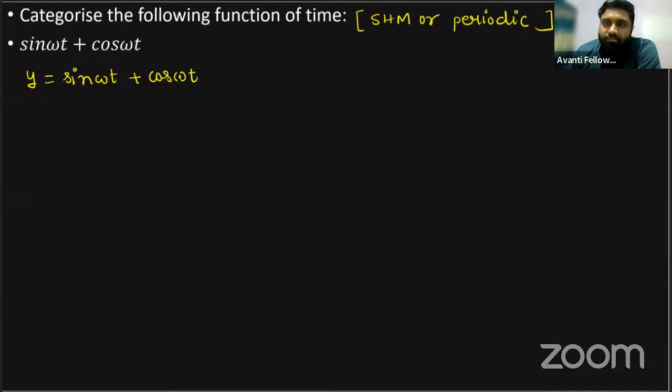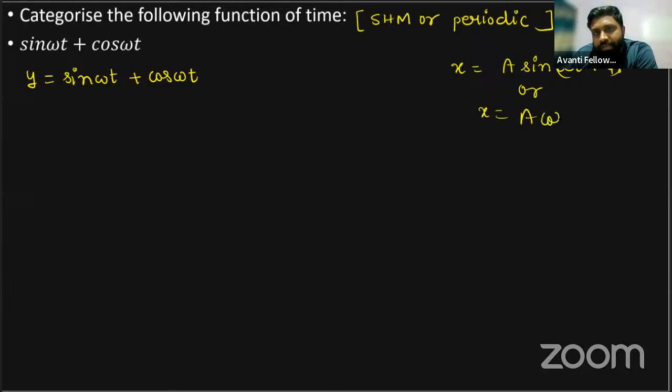This is not completely in sine and not completely in cos, but the equation we know for SHM is a sine omega t plus phi naught, or x equals a cos omega t plus phi naught, which means we need to convert it into either completely sine or completely cos.